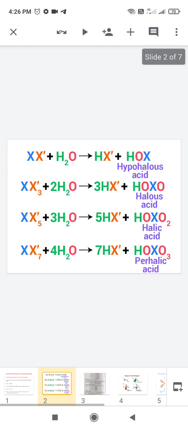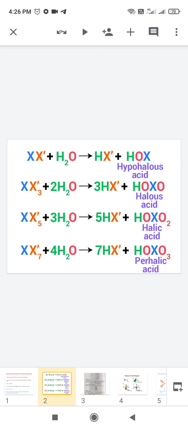Now, next is the reaction with water. The interhalogen compound XX', that means the first type, reacts with water, and the most electronegative atom in the interhalogen compound reacts with hydrogen in the water to form the hydrogen halide plus HOX, hypohalous acid.